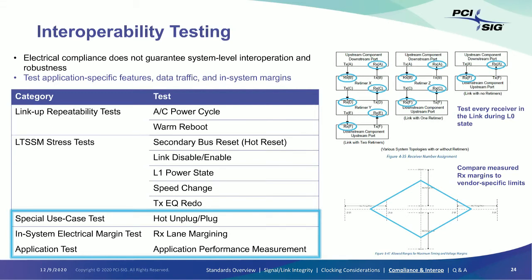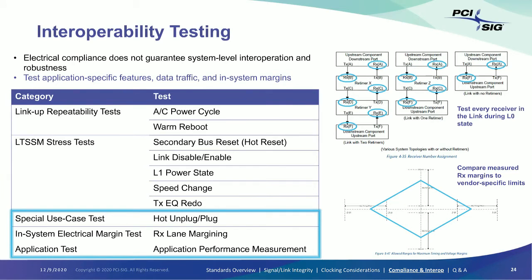As Casey mentioned, some of the active components can have in-band receiver lane margining, which is often used to look at the receiver margins and to verify whether they meet the vendor-specific limits. Every receiver within the link, whether it's just a root port and an endpoint, or if there are active devices such as retimers, can be addressed during the L0 state to margin each individual receiver and take a look at the eye diagram.